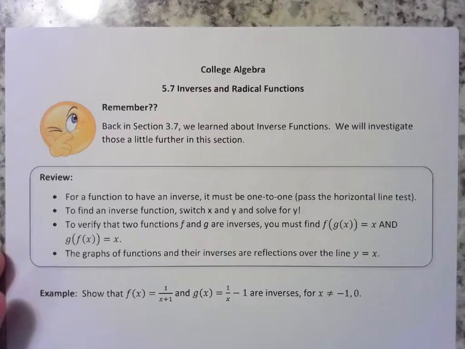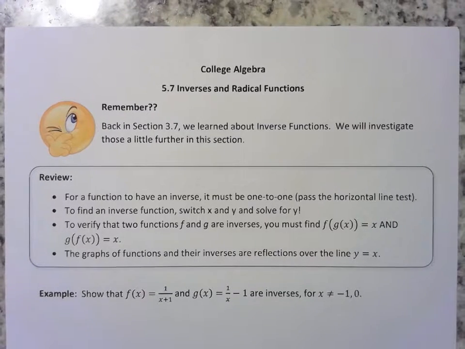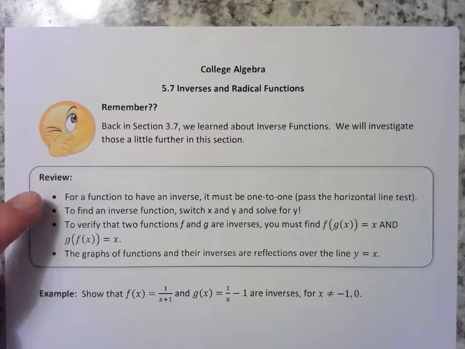In this section, we're going to review inverses just a little bit and spend a little bit more time talking about radical functions. So back in 3.7, we learned about inverse functions. And as a review, for a function to have an inverse, it must be 1-to-1.